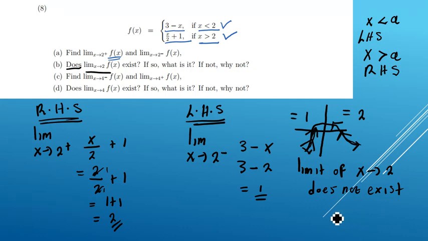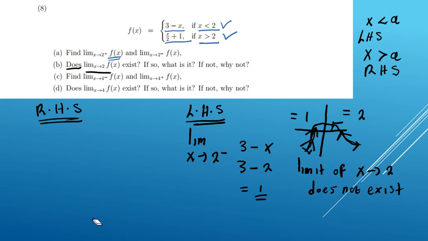The reason is simple: when we approached it from the two sides, it gave us different values. Therefore, the limit doesn't exist. So that is for part A. Let's do part C.